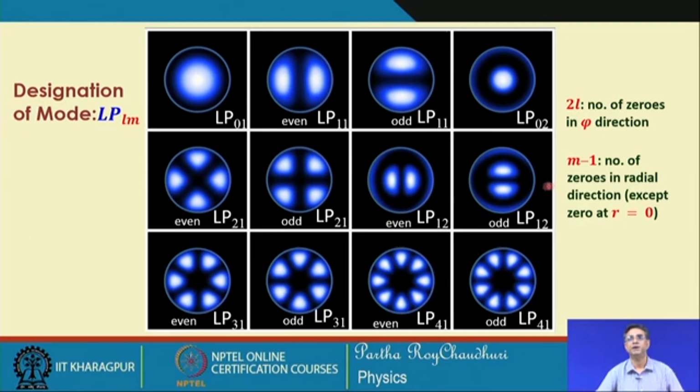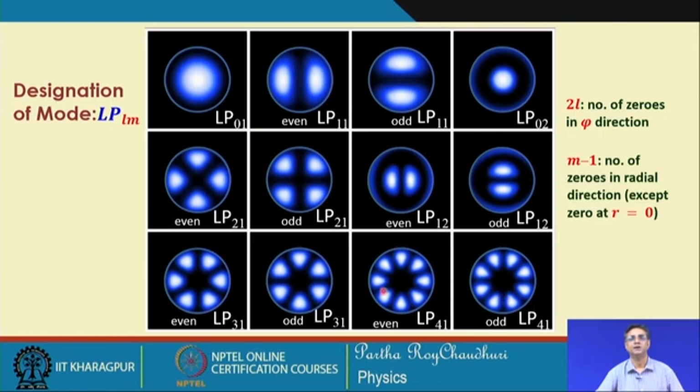So, this M minus 1 number of zeros in the radial direction will give you this mode pattern, and twice L is the number of zeros in the phi direction. In the phi direction, if you take L equal to 4, it will become 8 and the number of zeros M is 1. So, 1 minus 1, so there is only 1 zero.